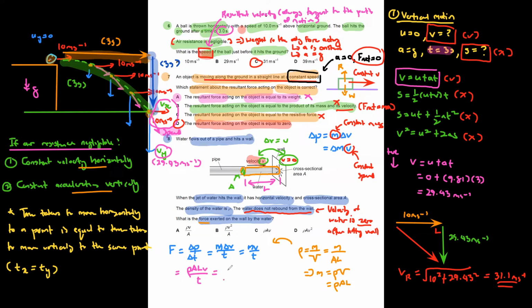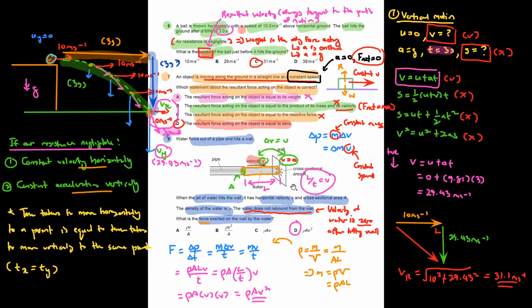From there, you get rho A times L over t times v. L over t is actually equal to velocity. So you get rho A v times v. Therefore, rho A v squared. Your answer is D. So that is for question 8.